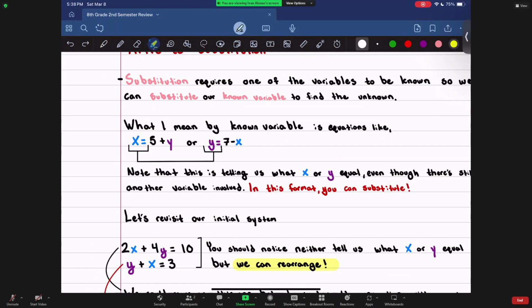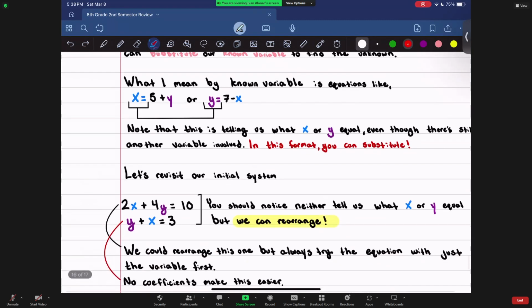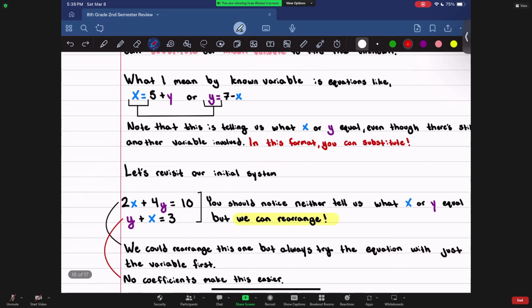So I already have it highlighted here. But that means we can rearrange, okay? This is probably the trickiest part to recognize. If you don't understand this, then substitution might be a little bit difficult. So what I mean by this is you take one of the systems you were given, okay, and you rearrange them to tell you what y is equal to or to tell you what x is equal to.